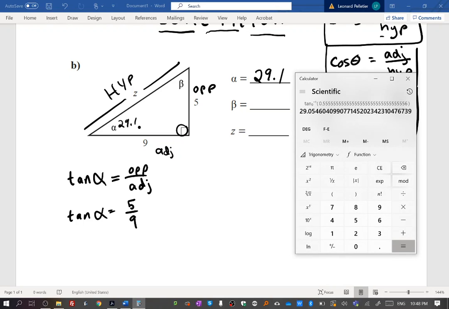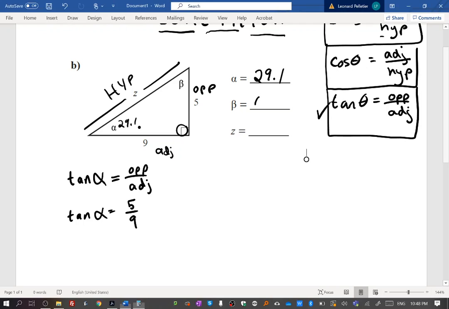Half of 180 is 90, so I've already used up 90. So I'll just do 90 minus 29.1 to get what that angle is, 60.9. Awesome. I probably could have done that one in my head, but who's got time for that?